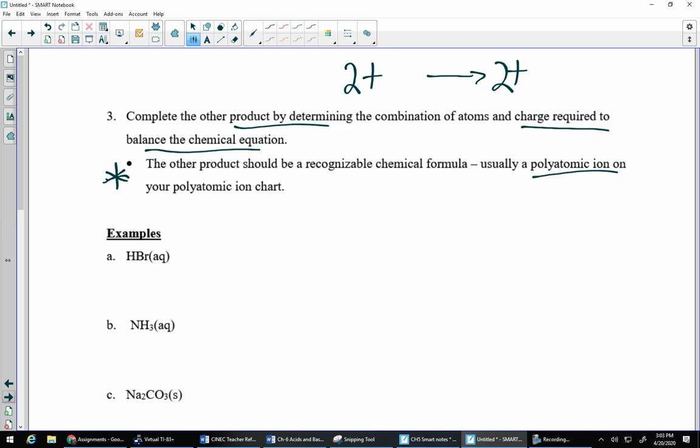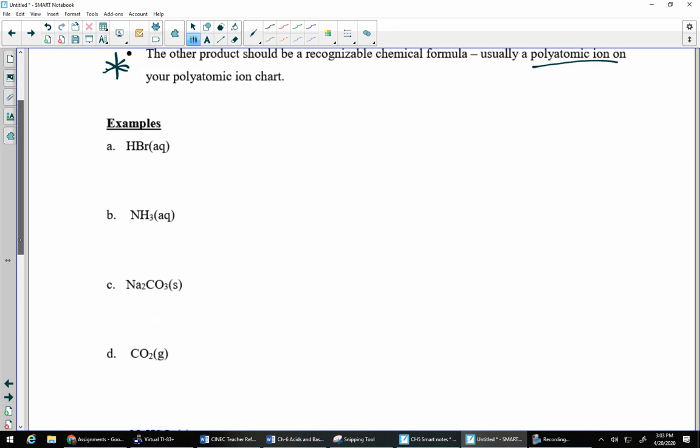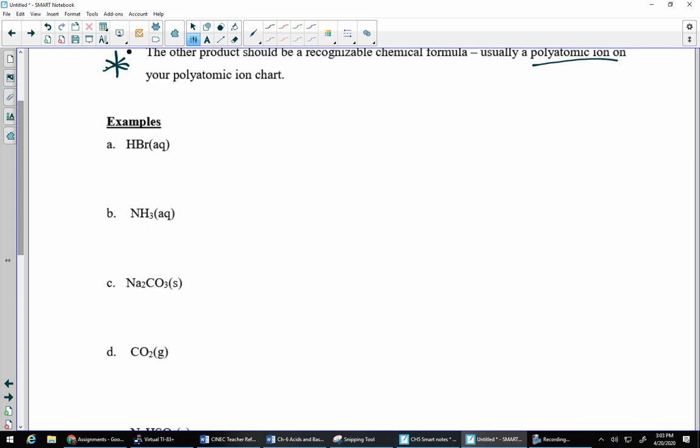Cool, so that's a lot. Let's check it out here and let's see what we can find. So example number 1, I've got HBr, and it doesn't tell me if it's going to be an acid or a base, but I know that it's going to react with water, H2O liquid. I'm being kind of lazy here. I didn't put states in, so let's go ahead and put some states in there.